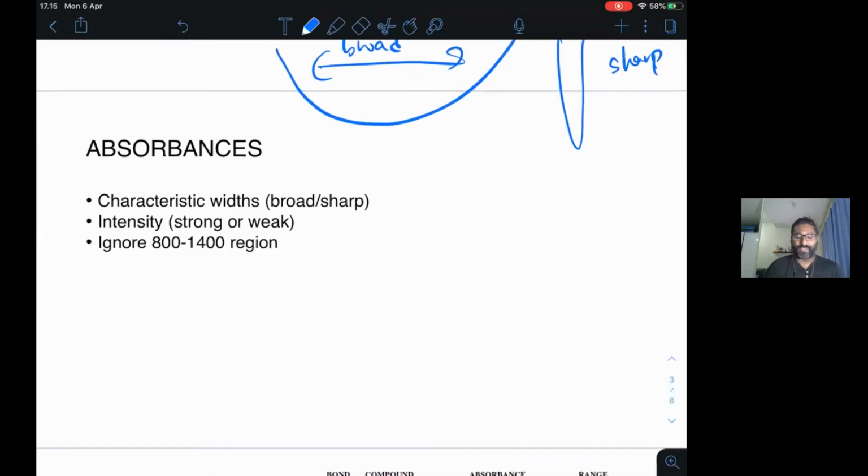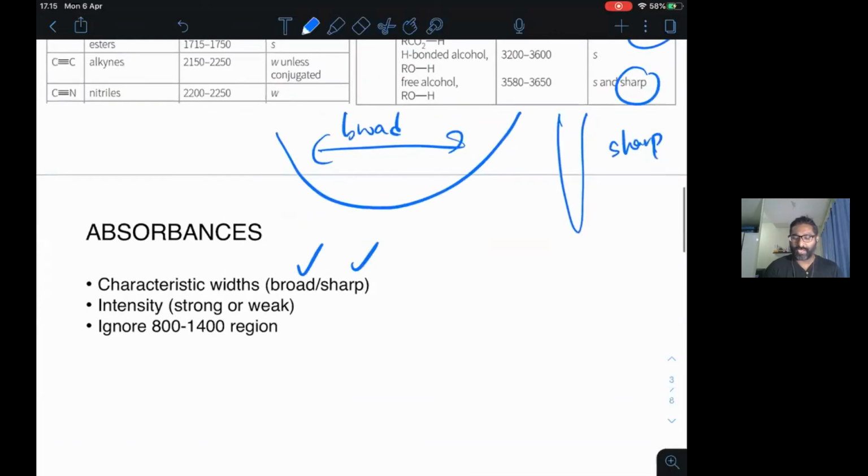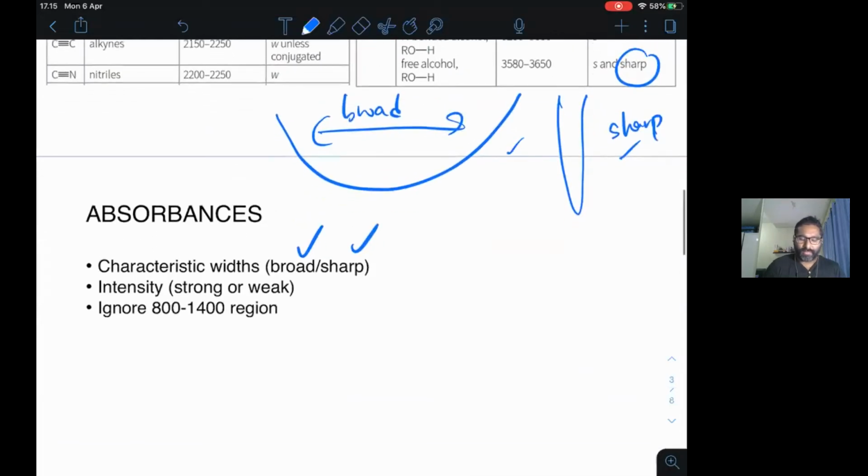They have certain characteristics of width, which is broad or sharp, as I just mentioned. Then there is the intensity of the absorption: if you absorb more, you get a strong absorption, and if you absorb a little bit, that is a weak absorption.